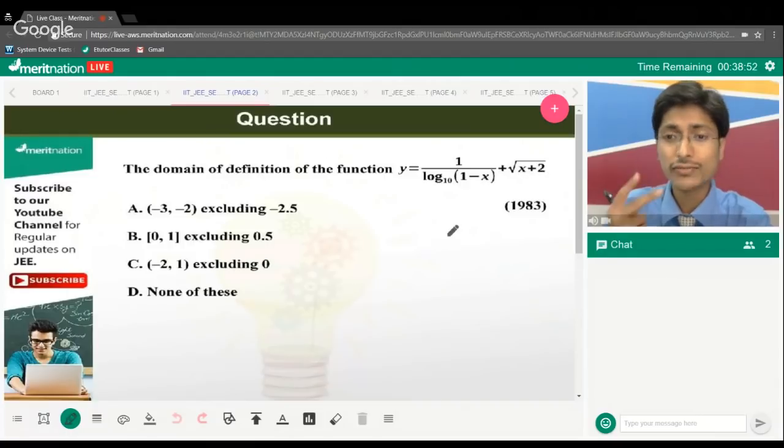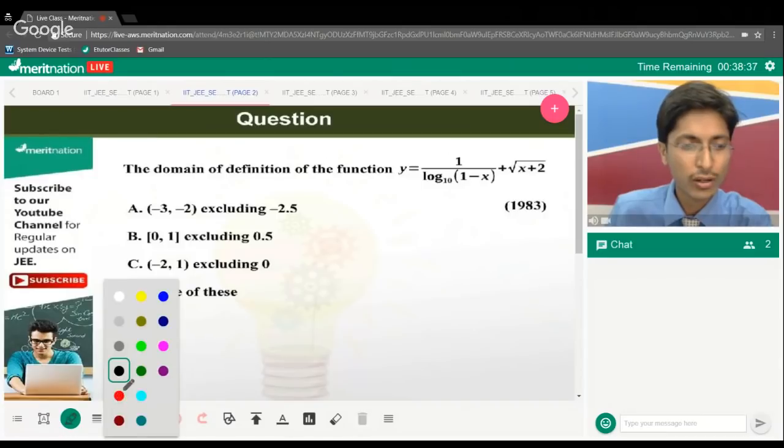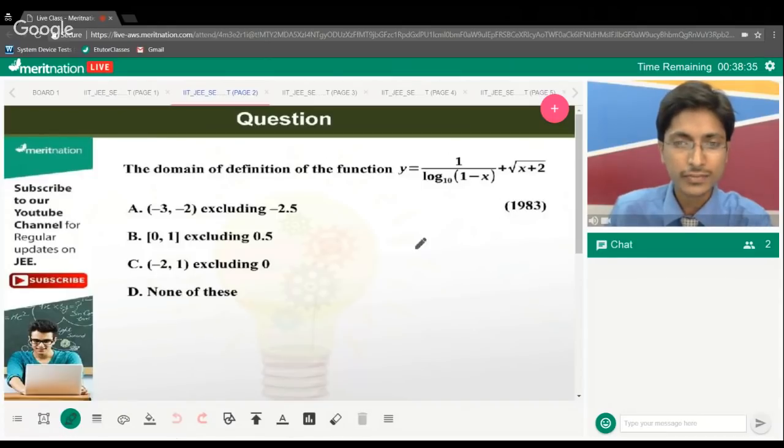So practically we have two simpler questions with us. Now, you know that anything which is written inside the square root cannot be negative. So first of all, we will see that under root x plus 2, x plus 2 has to be greater than or equal to 0, because anything written inside square root cannot be negative.